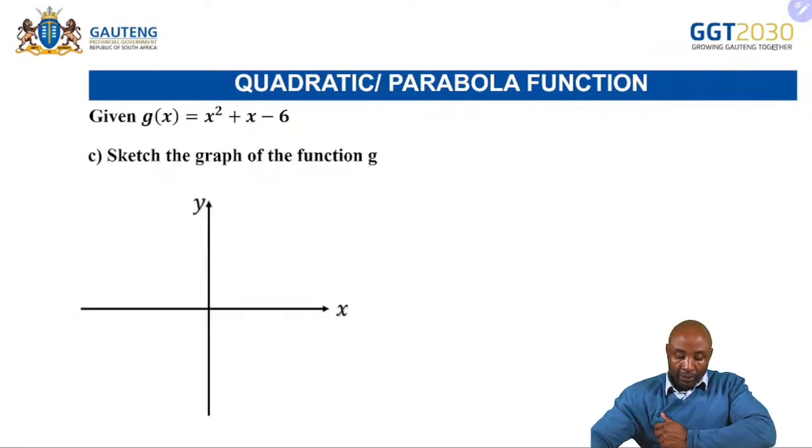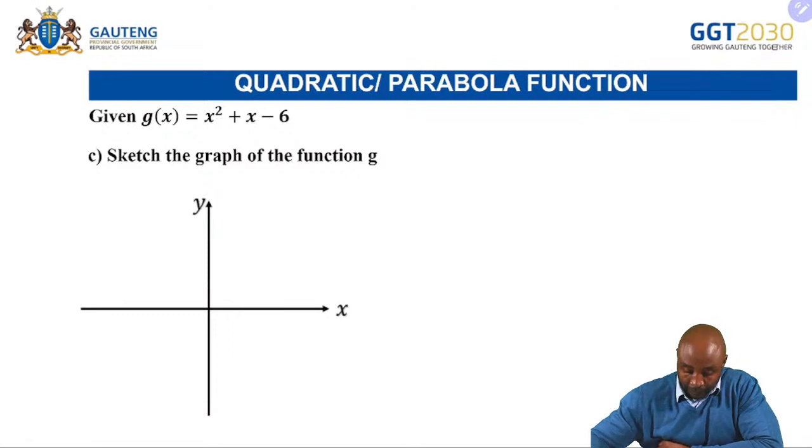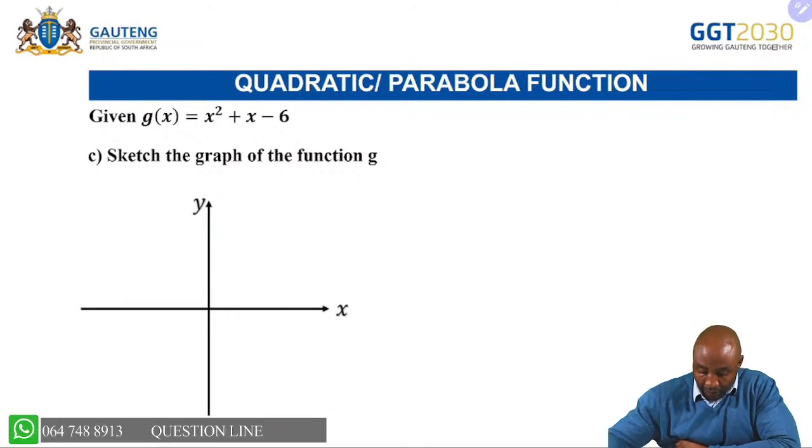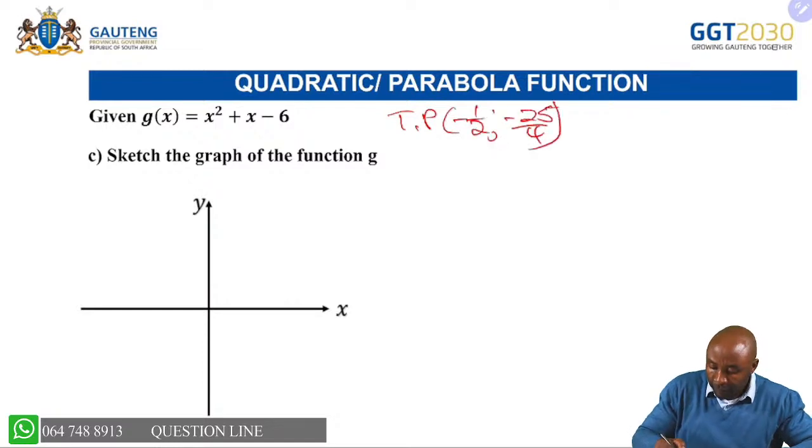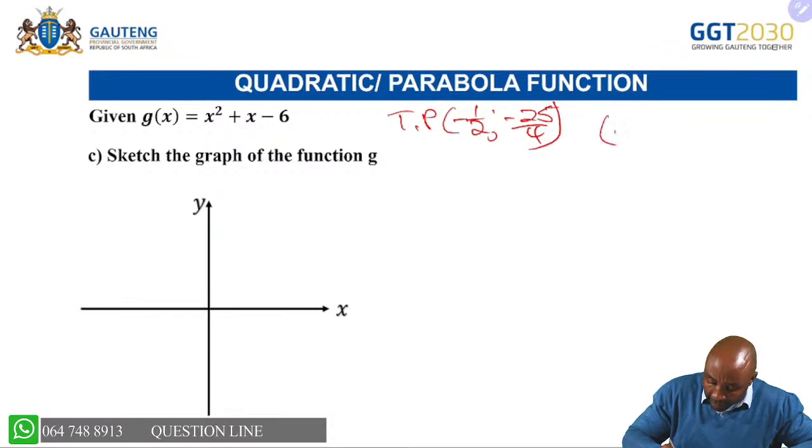The next question, we are supposed to sketch the function, but we are short of one information. We have our turning point as negative half and negative 25 over 4. We have our x-intercept as negative 3 and 0.